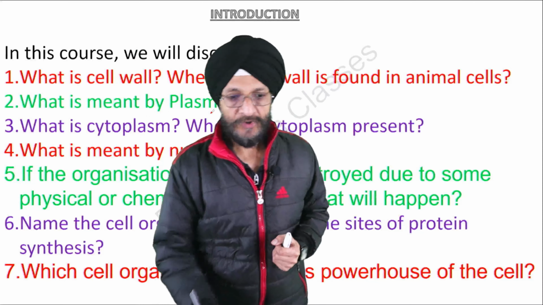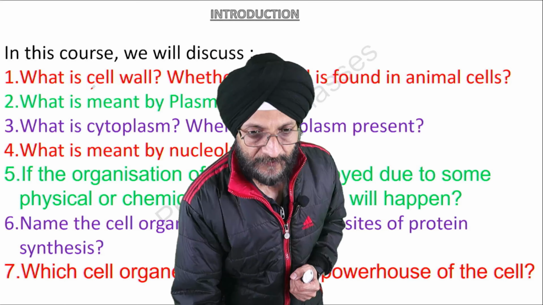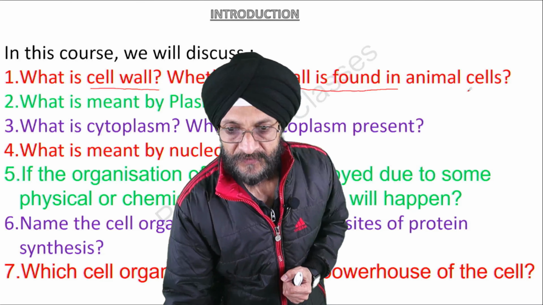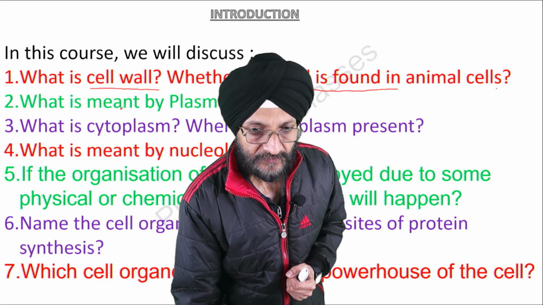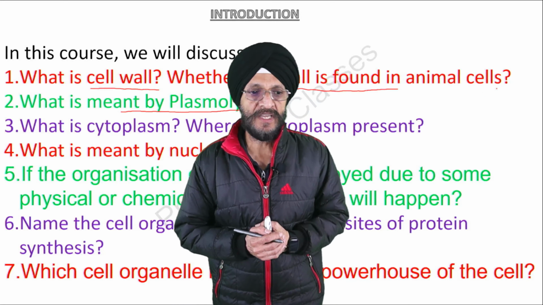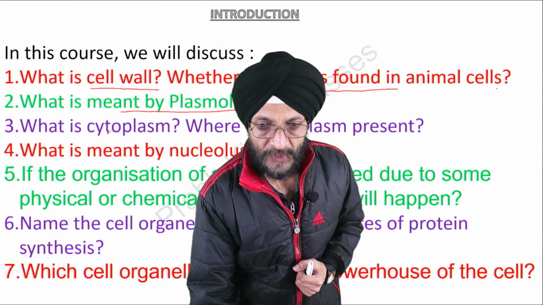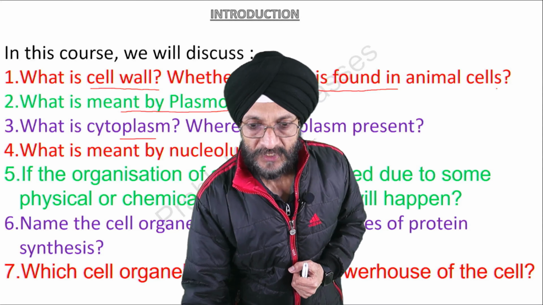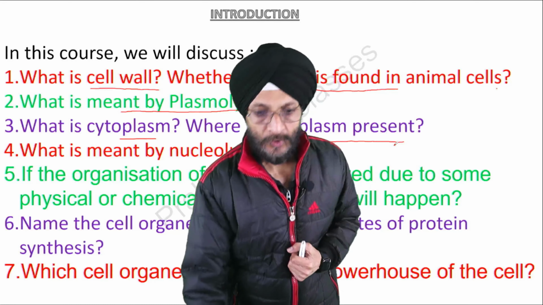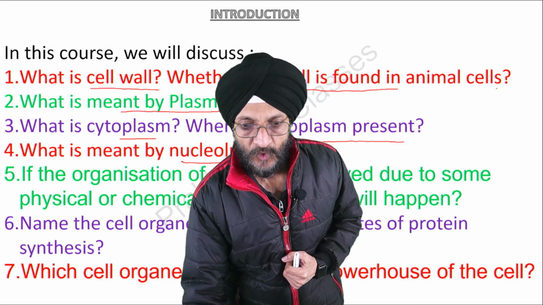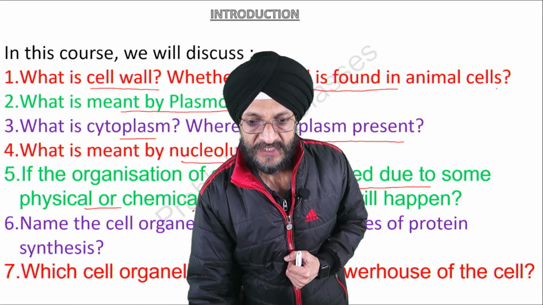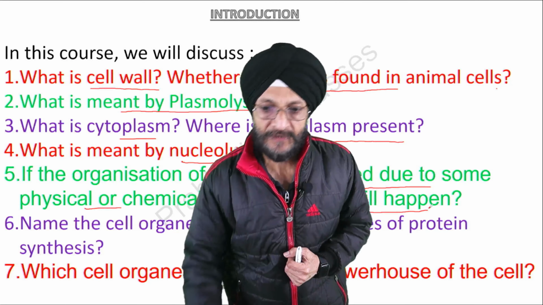In this course, we will discuss what is cell wall and whether the cell wall is found in animal cells. Next, what is meant by plasmolysis? Then, what is cytoplasm? Where is cytoplasm present? Then, what is meant by nucleolus? Then, if the organization of the cell is destroyed due to some chemical or physical influence, what will happen?